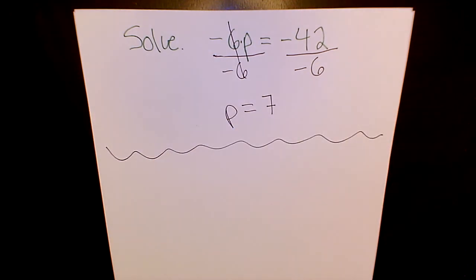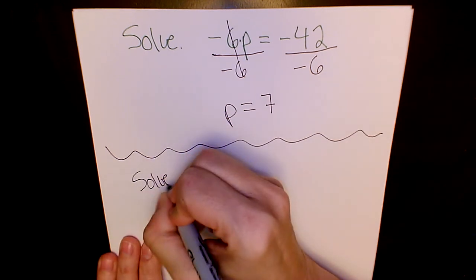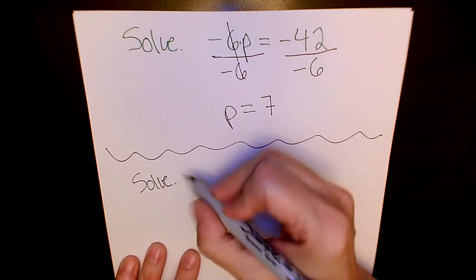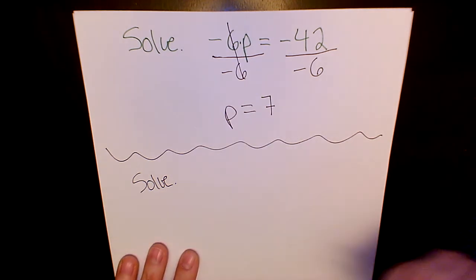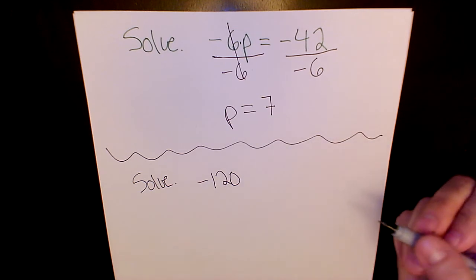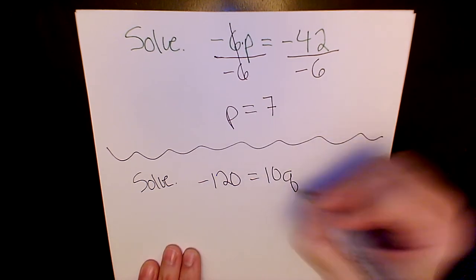Let me do a bigger number where we need to use our calculator. And this is on 361 on the top. Let's say -120 equals 10q.